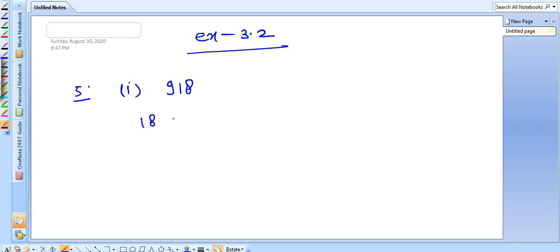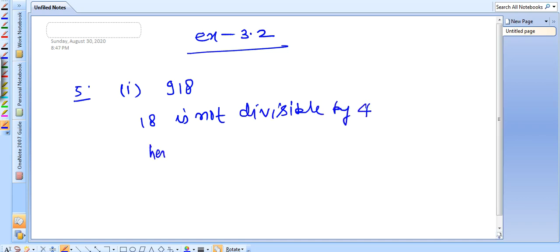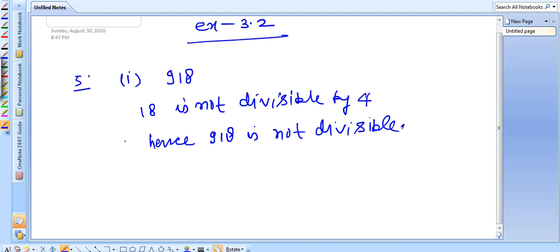You can see that the last two digits are 18. 18 is not divisible by 4. Okay, so give the reason. Hence 918 is not divisible. This is the answer. Now second part, the number is 5731.